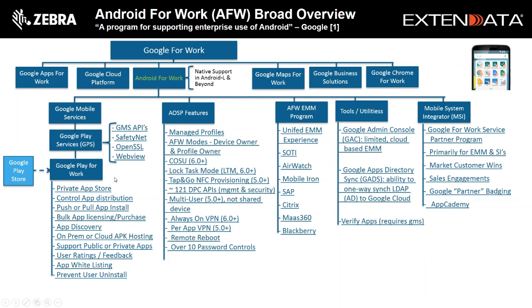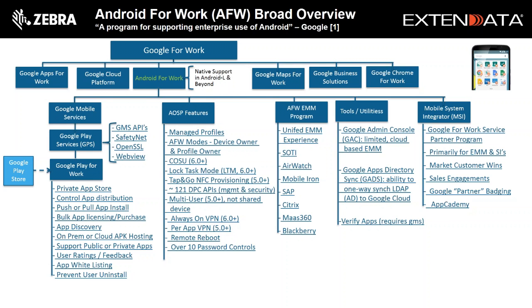There is one major feature today. Well, there's more, but the one major feature that comes out in the Android for Work program that requires GMS, Google Mobile Services, is what's called Google Play for Work. And essentially that is a private app store. Okay? So that allows you to create an app store that only your employees can see, that can be provisioned to your employees both on a push and a pull.